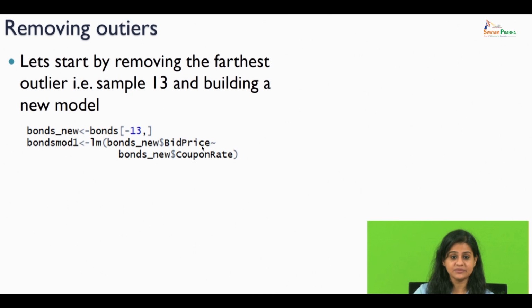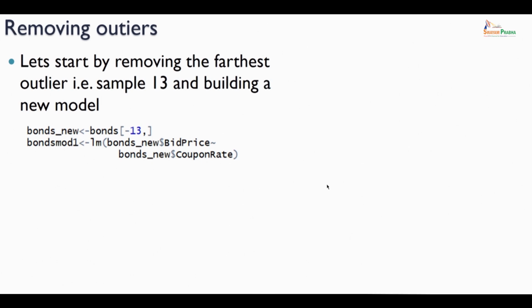So I am going to regress bid price from the new data frame bonds new with coupon rate from the same data set. Now after building the new linear model which does not contain the 13th point, that is an outlier, we are going to repeat the same process again, that is on the residual plot we are going to identify the outliers for the new data.